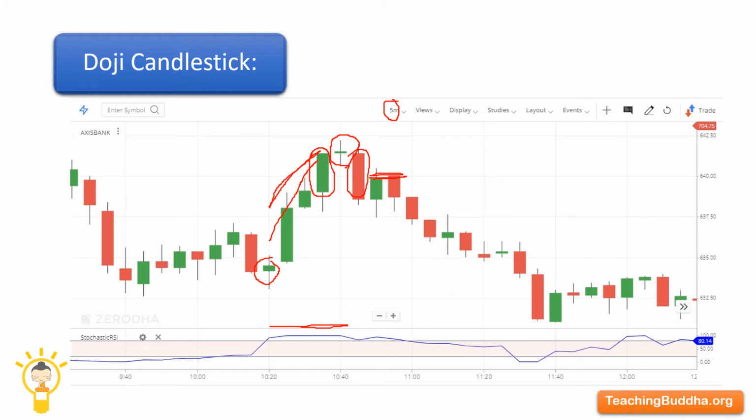Because whenever you enter a trade position, you should always determine your stop loss also. If you enter position here anywhere, your stop loss should be just above the doji candlestick. So this is your risk.